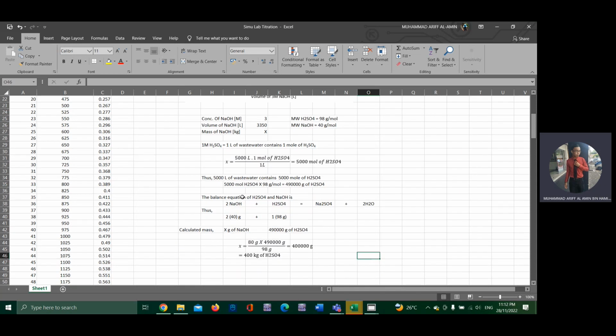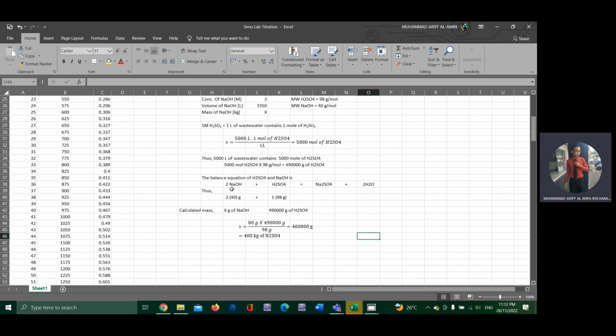So the next step is we need to balance the equation of H2SO4 reacted with sodium hydroxide, which is 2 mole of sodium hydroxide react with 1 mole of H2SO4, and we will get Na2SO4 plus water.